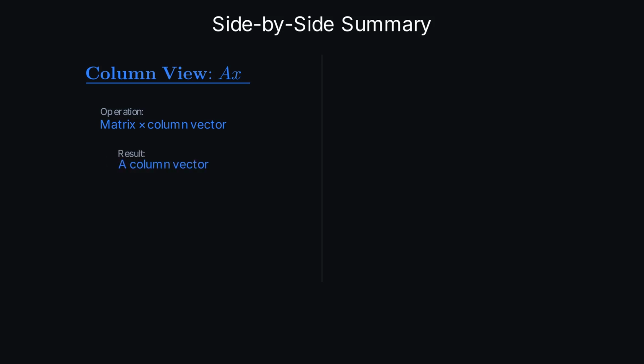Here's a side-by-side summary of the two viewpoints. On the left, we have the column view. The operation is a matrix times a column vector. The result is a column vector. The interpretation is that we get a linear combination of the columns of A. This view is relevant for understanding the column space, and it corresponds to right multiplying.